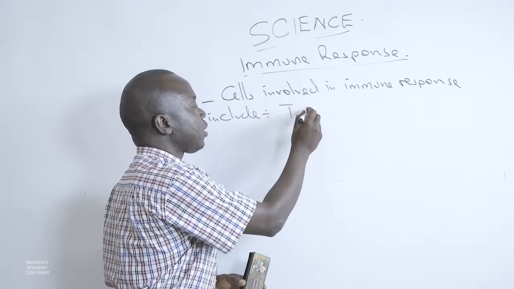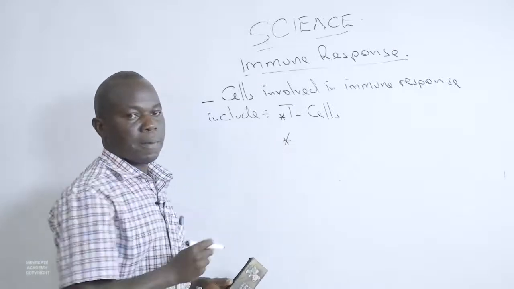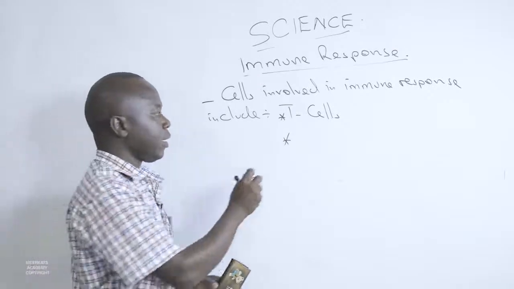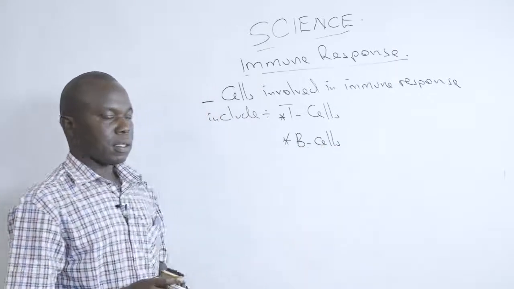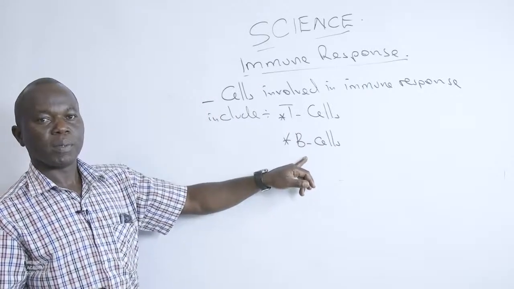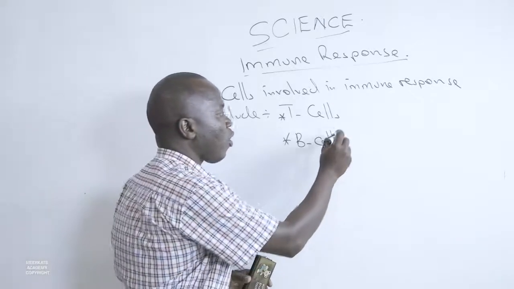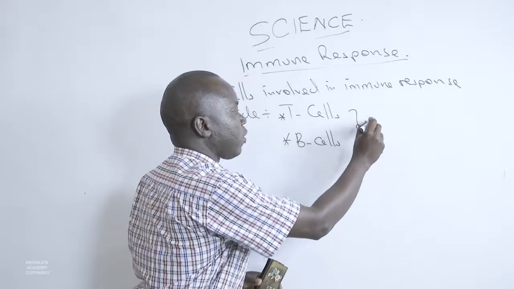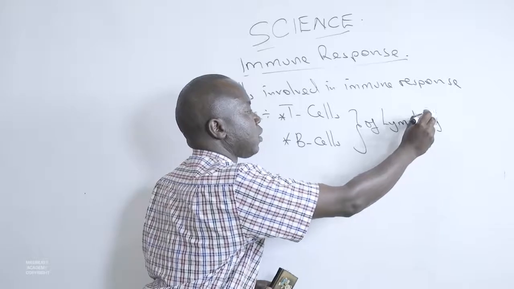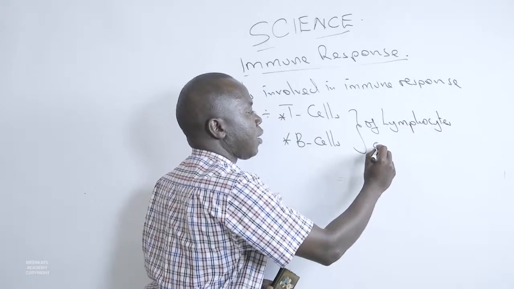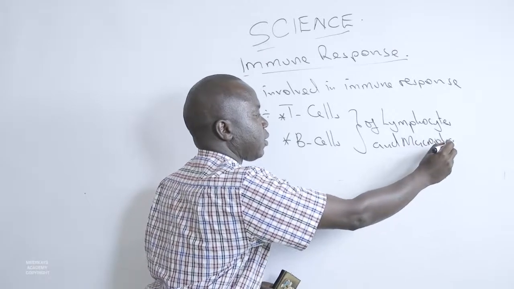we have what we call T cells, we have B cells, and these two could be either lymphocytes or macrophages.